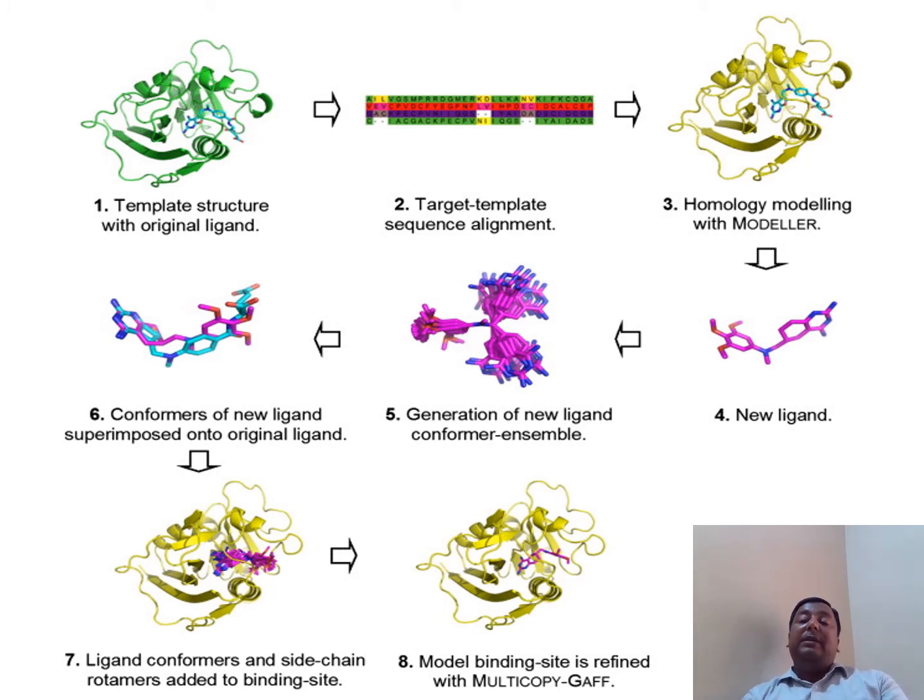So if we see that template structures have some new ligands, right? Then there is generation of new ligand conformer assemblies, and that could be the site of the newly generated structures identified by using homology modeling. And then we can superimpose the conformation of new ligands onto the original ligands. So the newly generated structure may have the same binding site as the template structures which are already in co-crystal forms in the databases, nucleic acid databases or protein 3D structure databases.